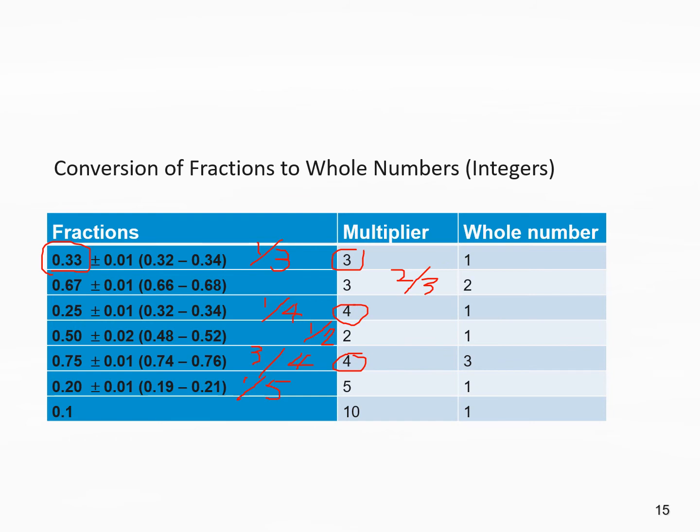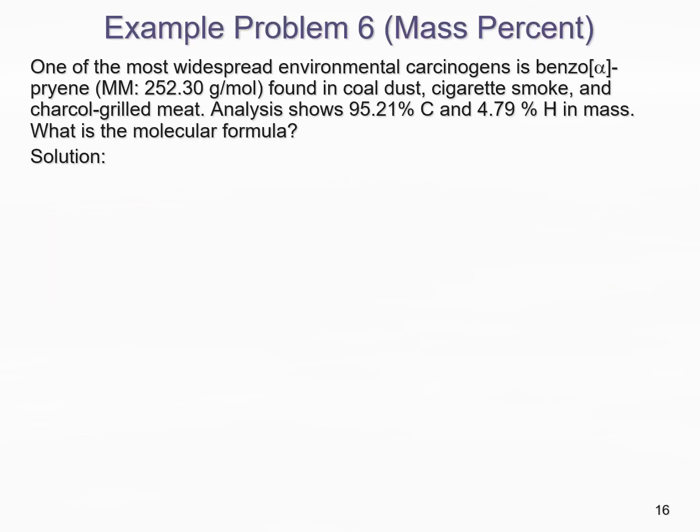So these are the common conversions, or common multipliers, we can apply to convert the fractions into whole numbers. I want you guys to memorize 0.67 a little bit longer. Remember, the multiplier for 0.67 is 3, because we're going to use it in our example.